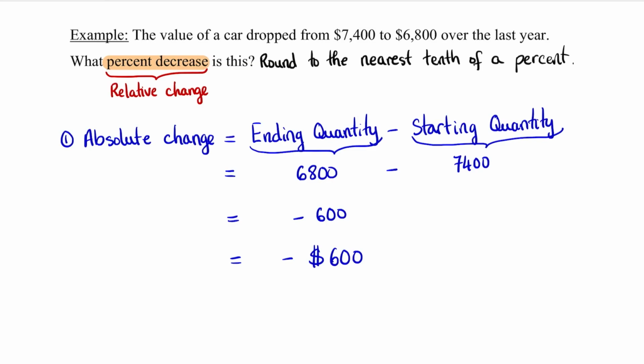Now, the question does not ask how much in dollars the car value has decreased. It asks what percent decrease is this? So in order to find the percent decrease, I need to use the relative change formula.